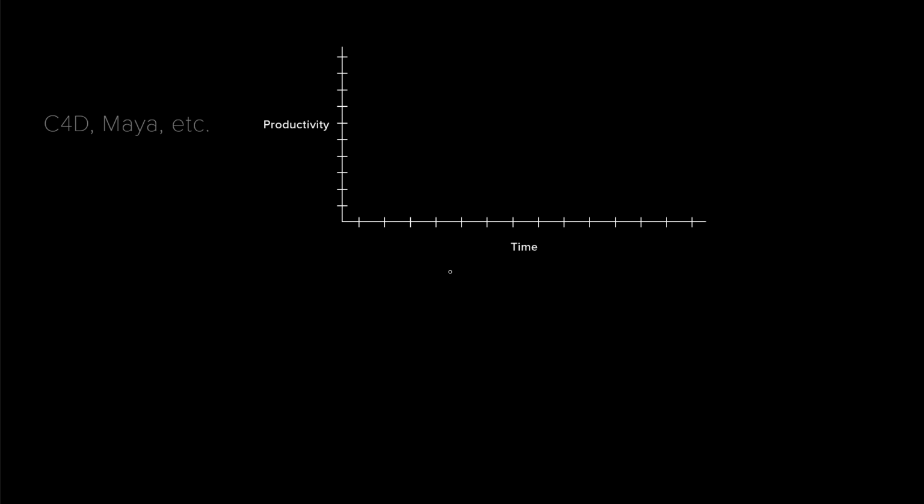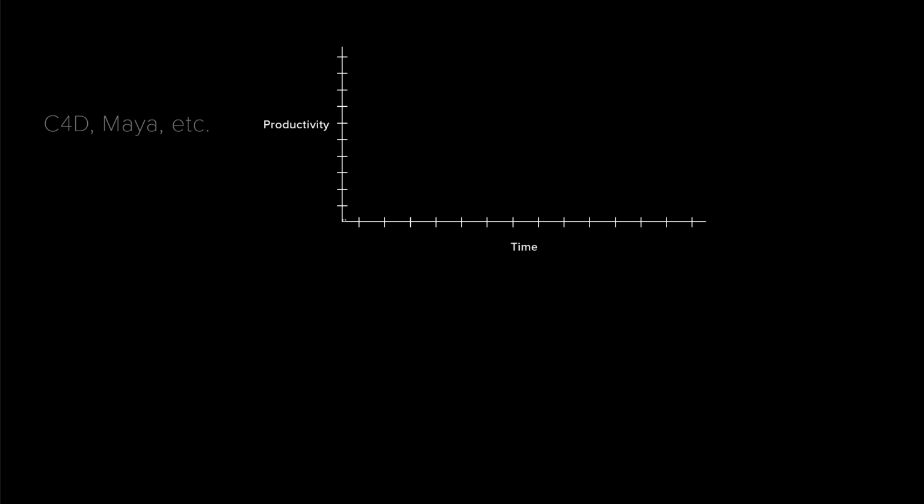So we're over here in Photoshop, and I'm going to show you a simple graph that I like to show to people who have never worked with a Houdini artist or have never worked with Houdini themselves, just so that there's a sense of an expectation of how the program works. When you're working with a program like Cinema 4D or Maya or really other 3D programs, your productivity is fairly linear compared to the amount of time that you spend.